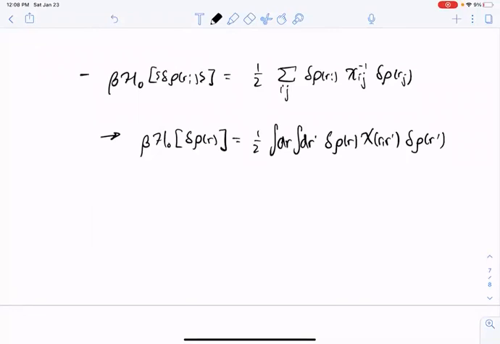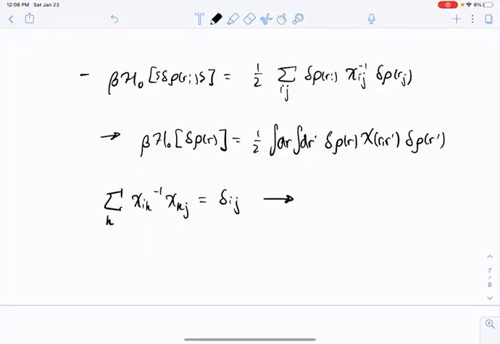Now that matrix and its inverse were previously defined through a matrix inverse relation, namely if I sum over all components, chi i k inverse times chi k j. The definition of a matrix inverse is essentially this, that returns a Kronecker delta.